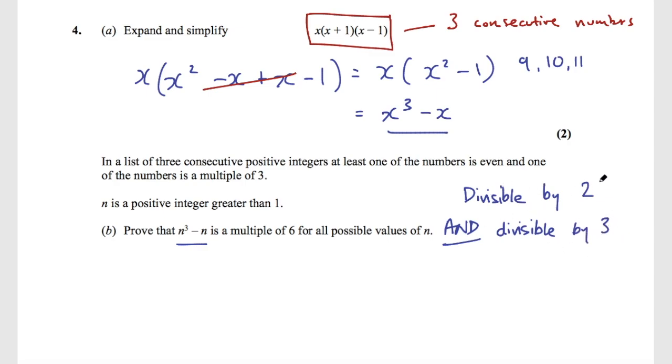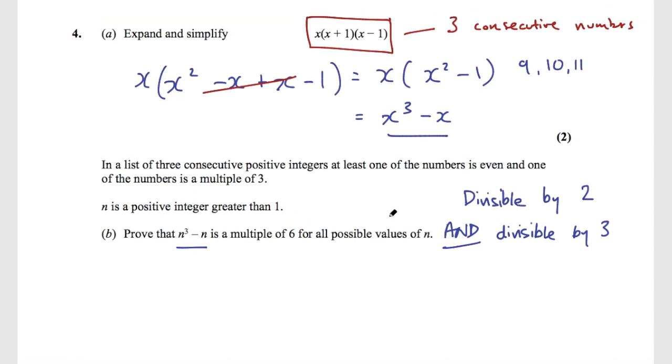So if something's divisible by 2 and divisible by 3, it is a multiple of 6. So they've told us that already. They've told us three consecutive positive integers has an even number and a multiple of 3. And this expression represents three consecutive numbers, and that simplifies to x cubed minus x, or n cubed minus n.